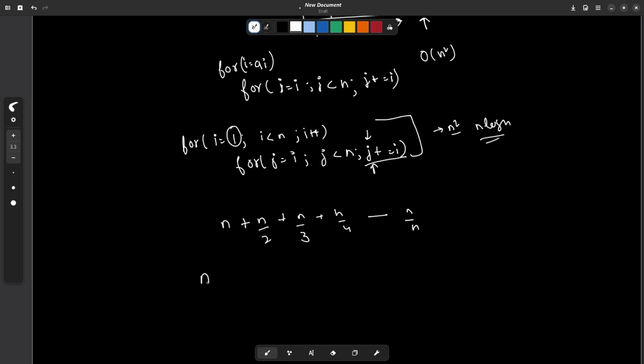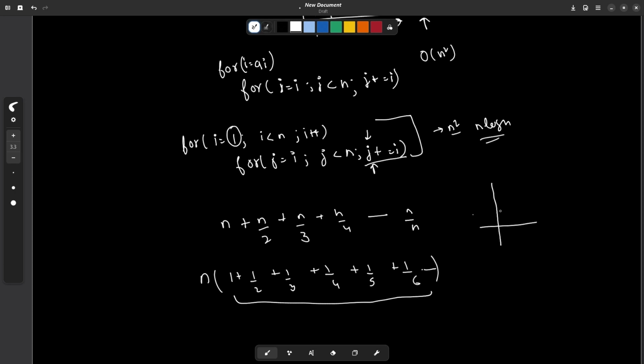Right. If you take n common out of this particular value, then it will be reduced to 1 by 2, 1 by 3, 1 by 4, 1 by 5 and 1 by 6 and so on. So if you try to plot a graph of this particular equation, it will start from 1, right, and it will decrease logarithmically, right, like this.